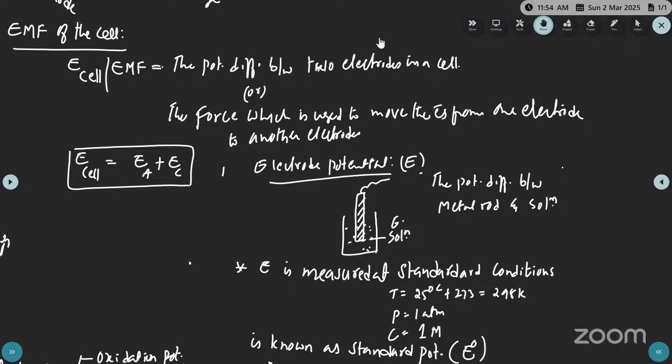So after writing this formula, put the side heading electrode potential. What is this?